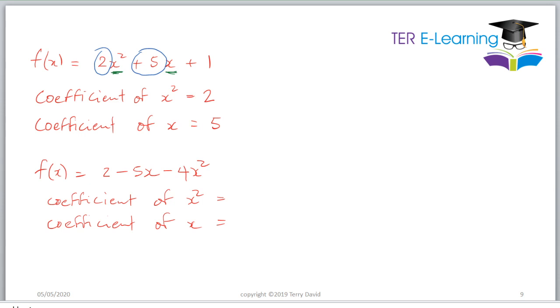Alright, Shirini is saying minus 4. Kadian is saying 4. Now remember, we must include our sign. First, we need to identify where the x squared term is. This here is my x squared term. The number just before it is minus 4. Therefore, my coefficient of x squared is minus 4. It's not just 4, it is minus 4.